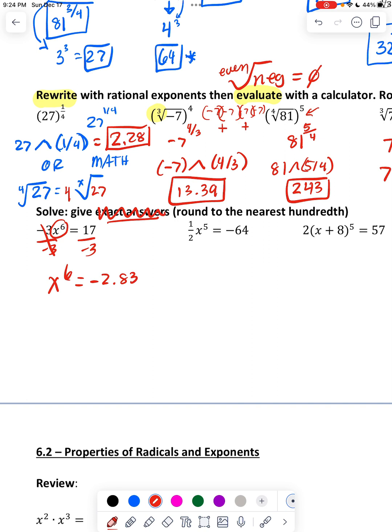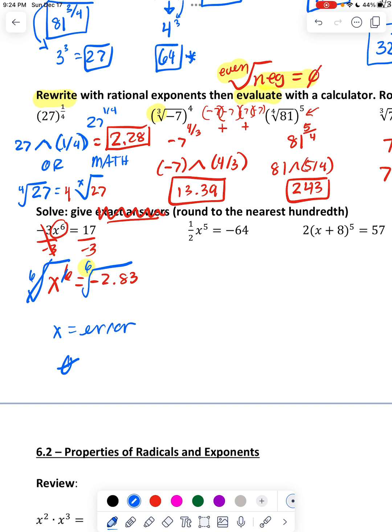To get rid of this 6, I would have to put in a 6th root on both sides. Here it'll just cancel. You're going to get an error over here because, like I said earlier, you're trying to take the even index of a negative number. This one is telling you there's an error because it has no solution. That's a terrible first example, but we'll live with it.